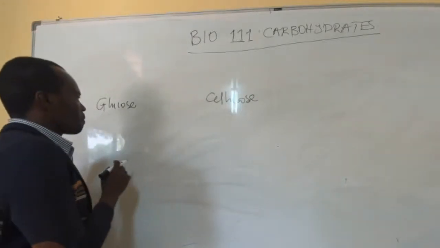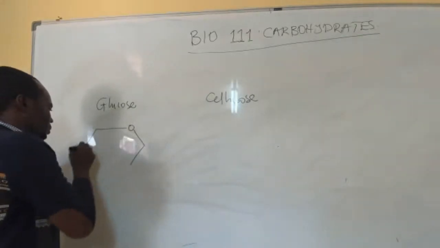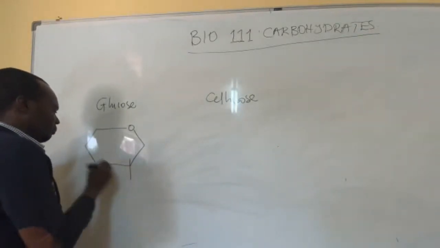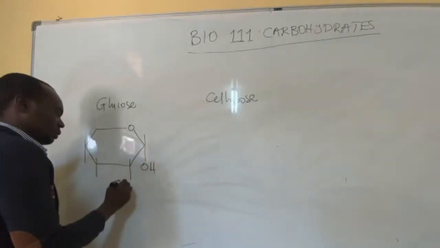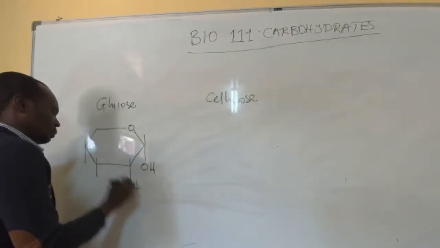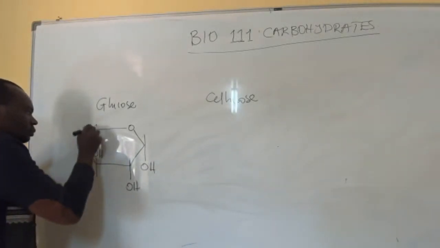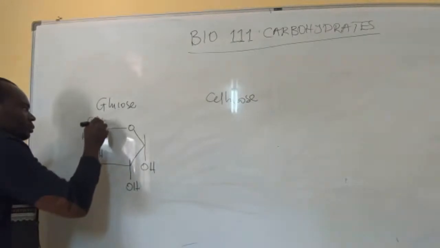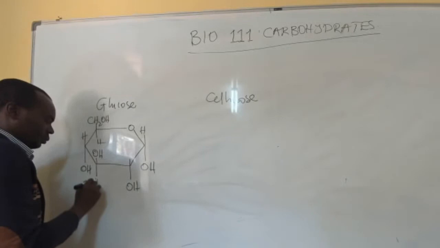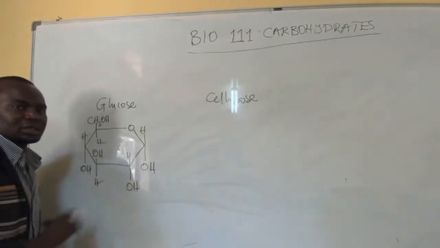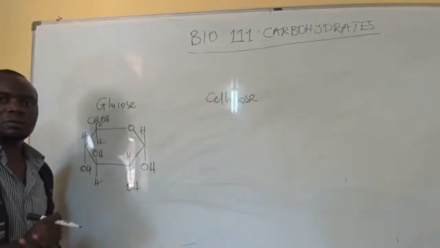Right? Now, by structure, glucose, that's the structure of glucose in solution. It's in its ring form.